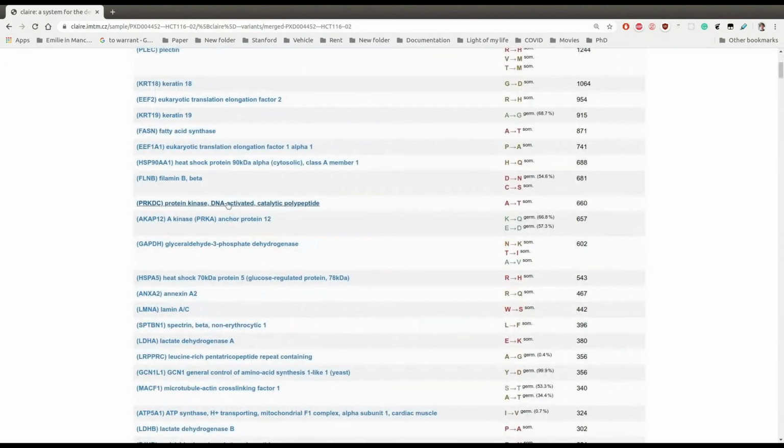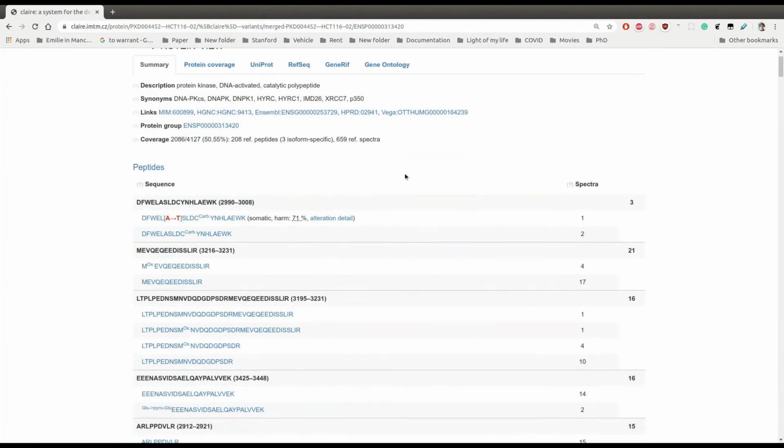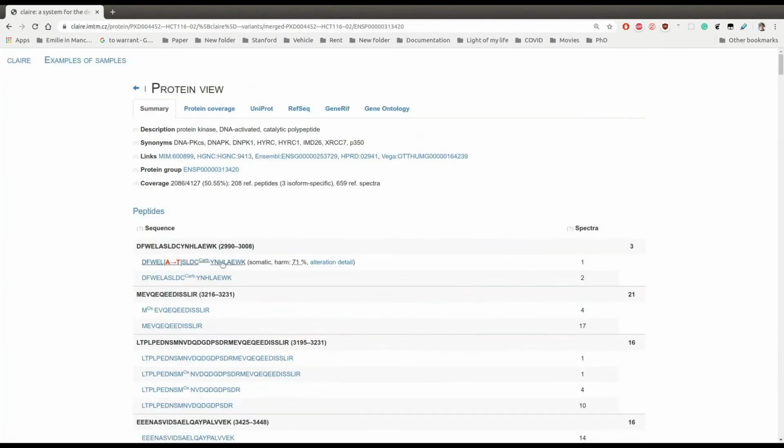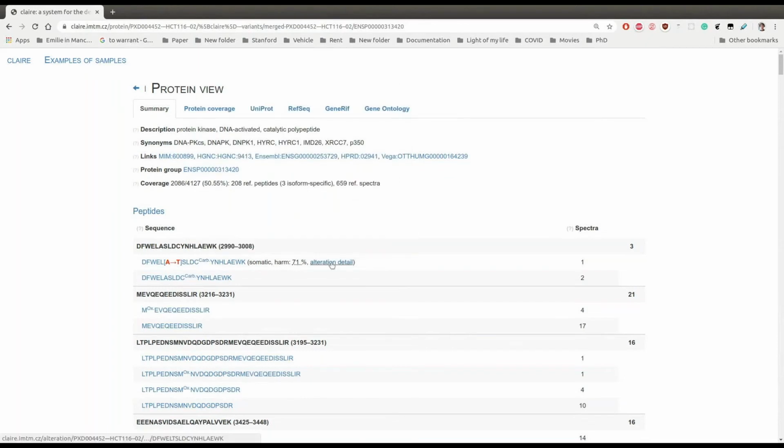I would just select, for example, this one. Again, you have the protein view, detected proteins, peptides, some prediction of its harm by a variety of predictors, some details about the alterations, where it was found, in what type of databases.